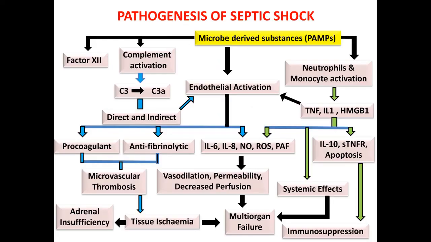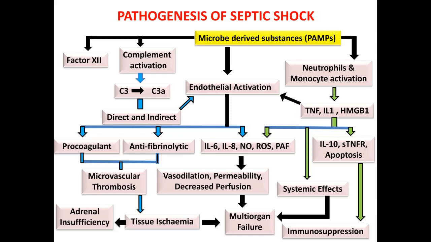Now, pathogenesis of septic shock in flowchart. There are microbial derived substances which are shown in yellow box, and then factor 8 and complement activation shown in light brown box. Now we follow the blue arrow.